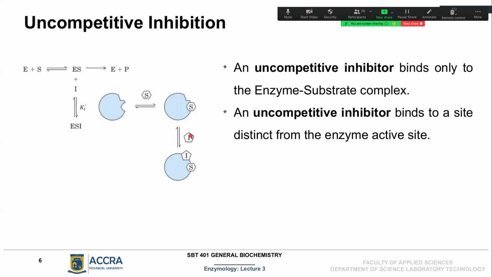And then the inhibitor comes to bind to that enzyme substrate complex, so it will now give you an enzyme substrate inhibitor complex. And this brings the reaction to termination. So the enzymatic reaction is terminated by the inhibitor binding to the enzyme substrate complex. In this case, we refer to this as uncompetitive inhibition.